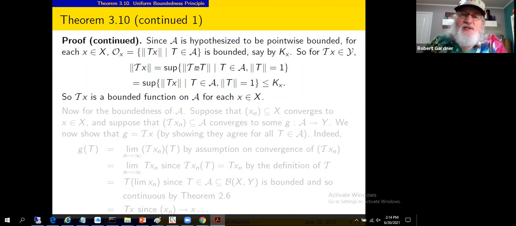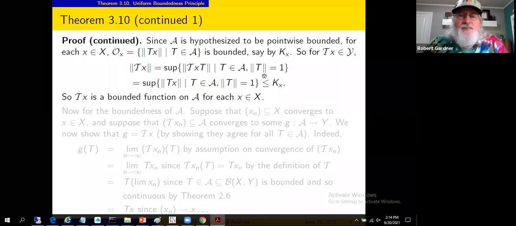The thing is calligraphy T of x, and the inputs are T's, where the T's come from calligraphy A. And if we're doing an operator norm, we need those inputs to be unit vectors. So we need operator T to be 1 in norm. And geez, we could try to track down all the norms we have here. That's the operator norm. I know that. We're dealing with bounded linear operators. So this is the norm being used on the T's. I'd have to think a little bit about where these things are to see exactly which norm we're dealing with.